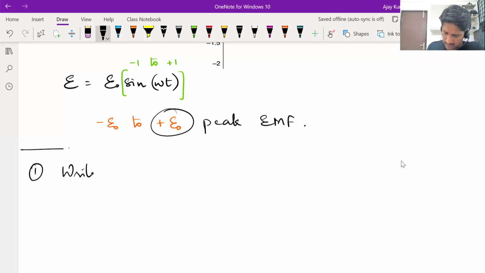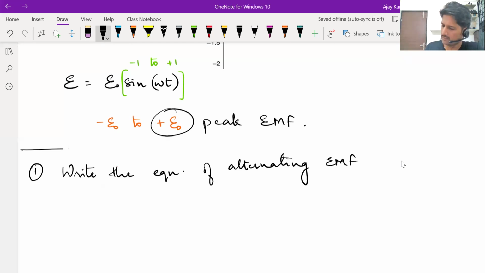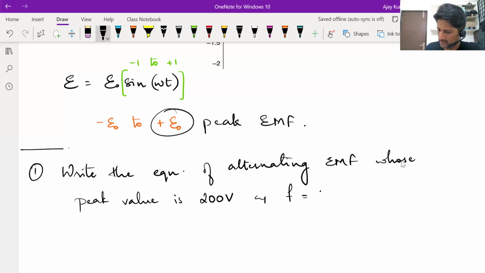Write the equation of alternating EMF whose peak value is, let's say, 200 volts and frequency is 50 hertz.